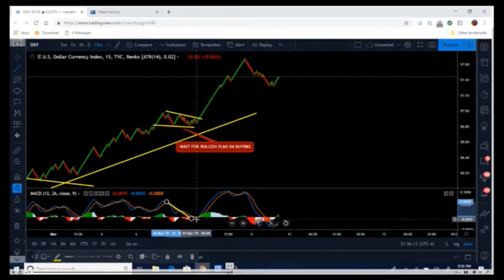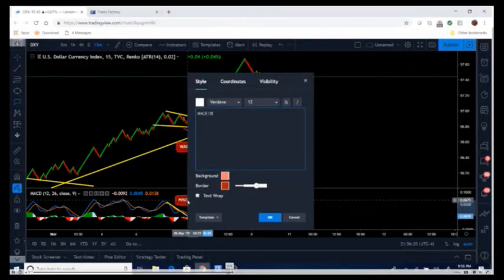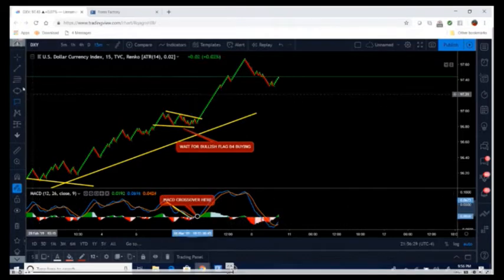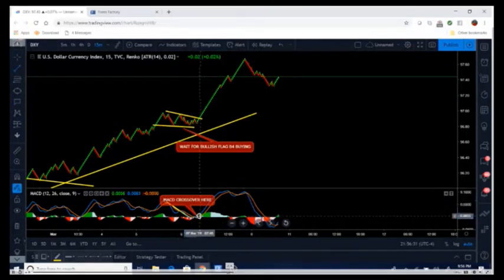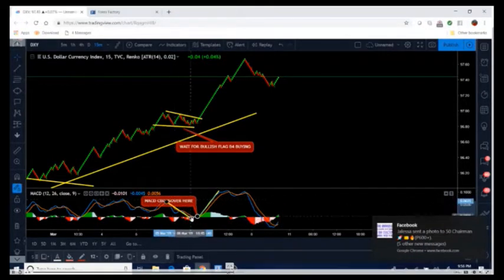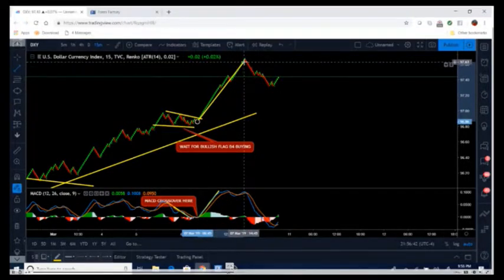So look, I'm not buying until I get my MACD crossover right here. You see how my blue MACD line goes back above my orange line and then it begins the uptrend? You see that? And then that's when you got your clean buy right there, right?